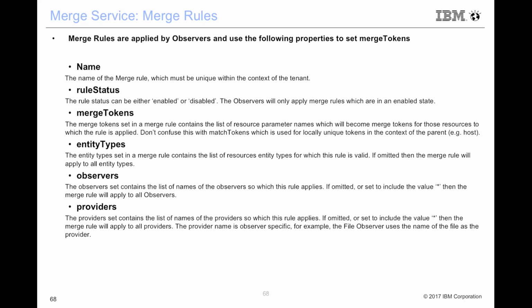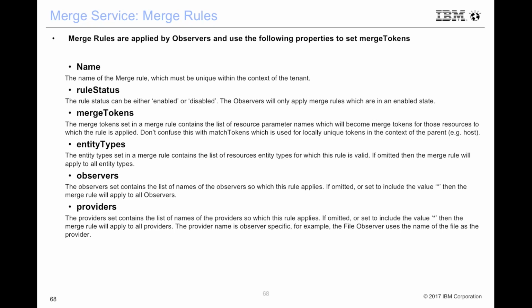You've got a unique name, you're enabled or disabled. Merge tokens is what properties you consider to be unique enough to use to merge two things. That might be a sysname or some UUID that you're getting from your observer. Entity types just lets you say I'll only use sysname on a chassis or a host. If there's a sysname property that happens to be on the interface, I'll ignore it.